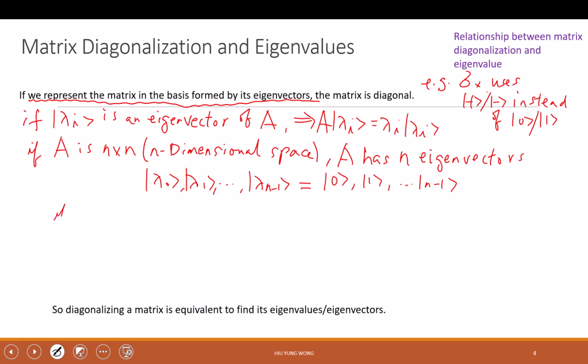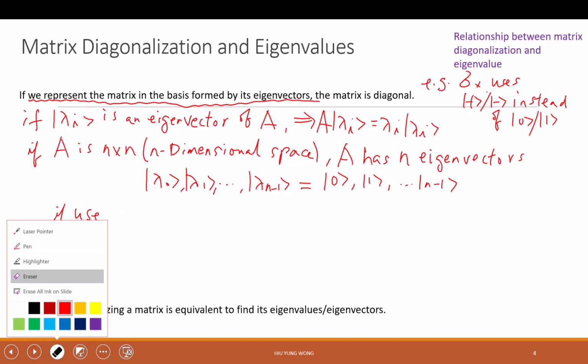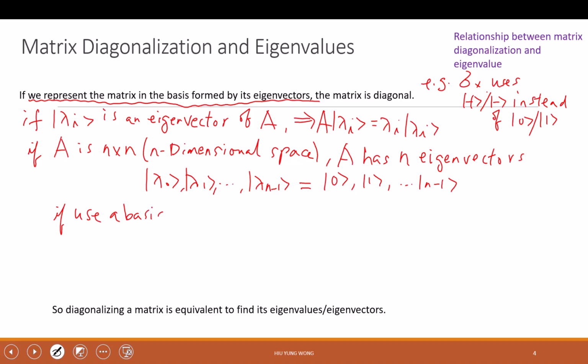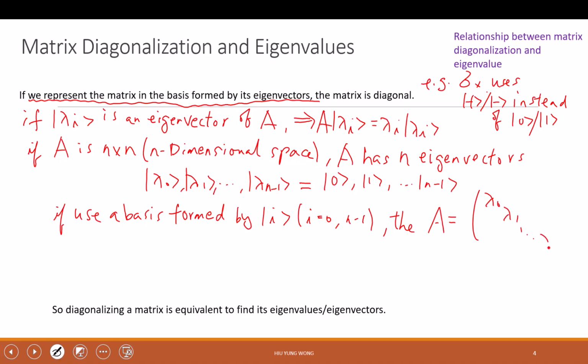Then if we use a basis formed by the eigenvectors, where i equals 0 to n minus 1, meaning we use the basis formed by the eigenvectors of A, then, and we don't prove it, A is going to be lambda 0, lambda 1, all the way to lambda n minus 1 along the diagonal, and everything else is 0.